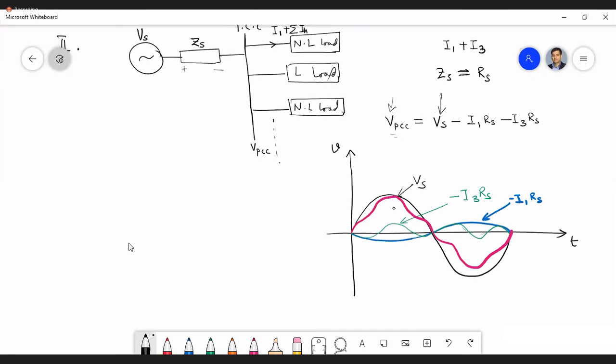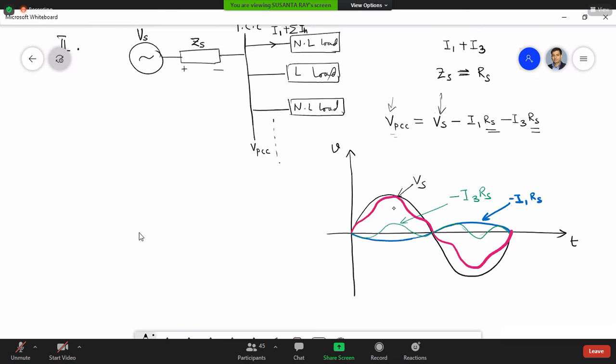Can you tell me why? Because the magnitude of RS is very small. Correct. That means the effect of the current will be damped by the low magnitude of the source impedance.